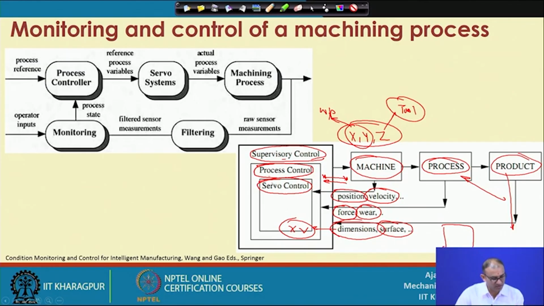So, here you need 3 different controllers for complete monitoring and control of a manufacturing process, and we will see what the different controls are to be performed at different locations.